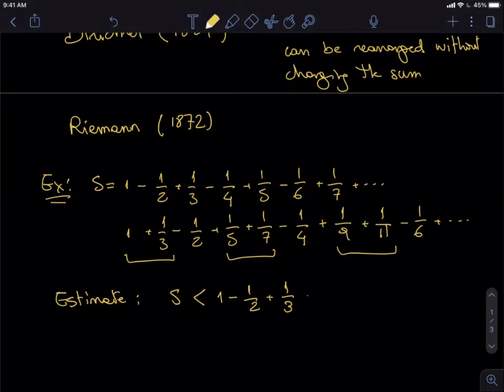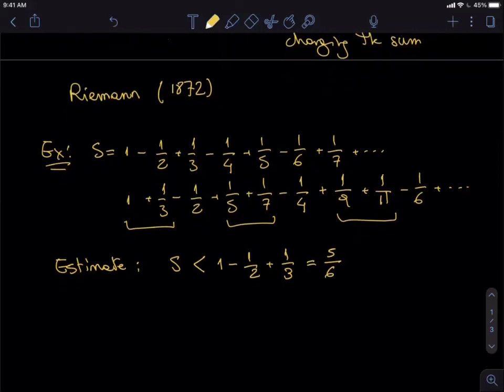And this is 5/6. Again, this is this idea of the estimate. We don't need to do it because I already showed you that the sum is logarithm of 2. But you can use this idea in situations where you don't know the precise sum. So we have an estimate that says that the sum is less than 5/6.